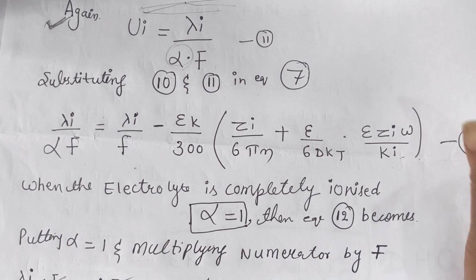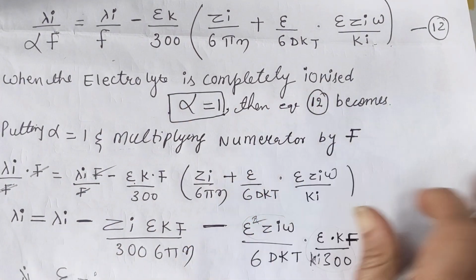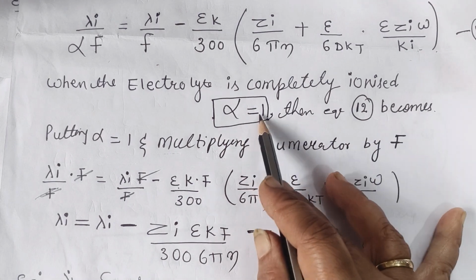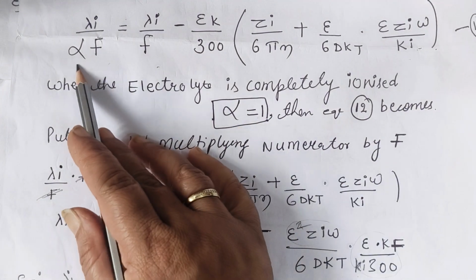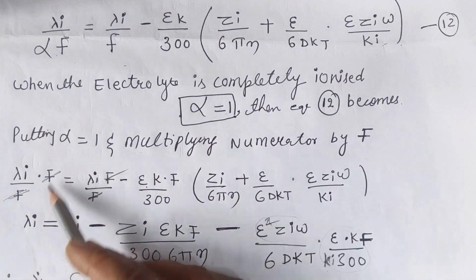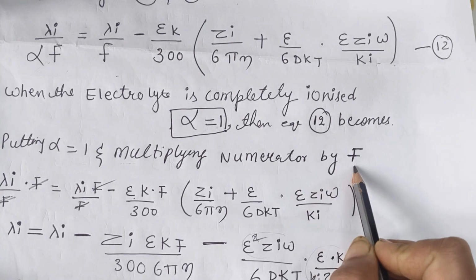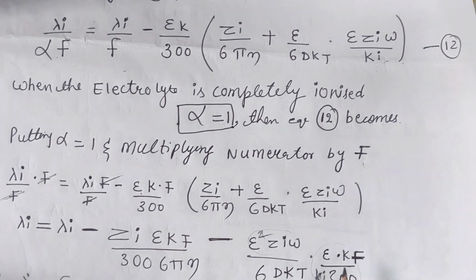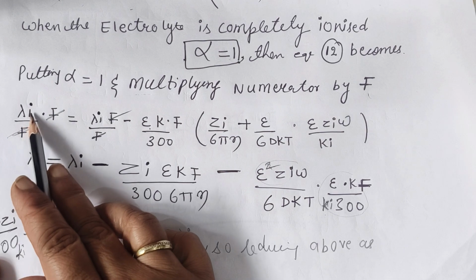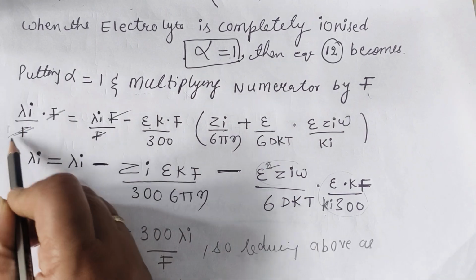Okay, now what we can do is, when the electrolyte is completely ionized, the degree of dissociation alpha is equal to 1. So we will put alpha equal to 1. So this equation again turns like this: alpha ki value you will put 1, and we have to multiply the numerator by F. When we do this step, lambda i by F into F, so F will cancel each other, alpha equal to 1 we have put.